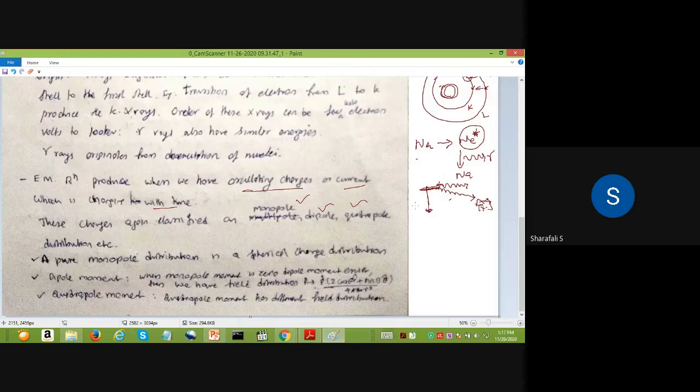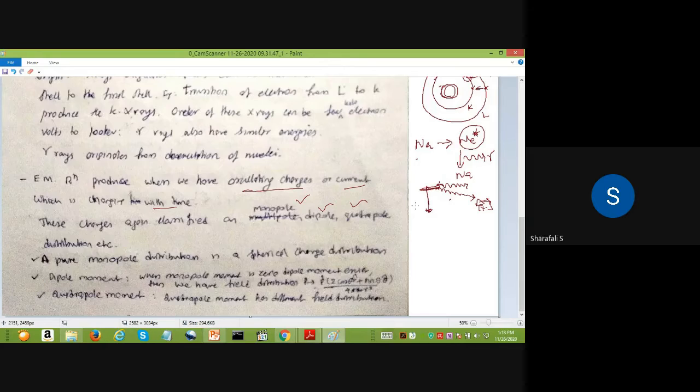Similarly, what is a quadrupole? If you have two dipoles, or four monopoles or four charges in a similar kind of charge distribution, then you have a quadrupole. If that quadrupole is oscillating, it can produce electromagnetic radiation called quadrupole electromagnetic radiation.